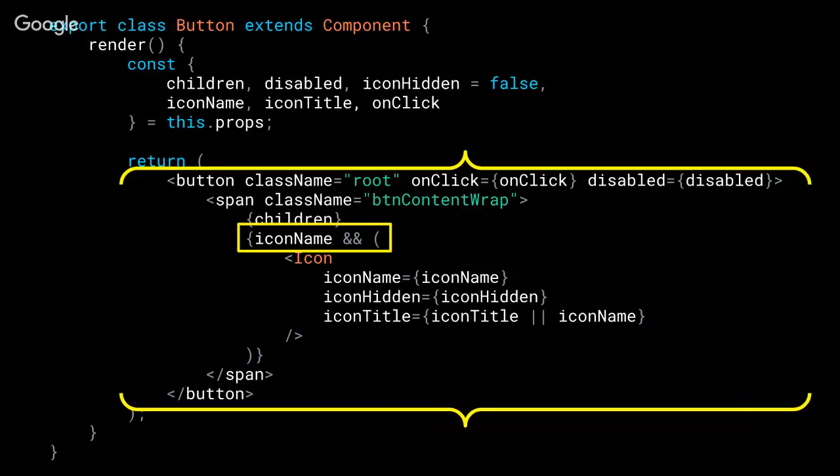Lastly, we're adding a guardrail to ensure that if no icon name is passed into the component, the whole icon will not render. You will just see the button text.